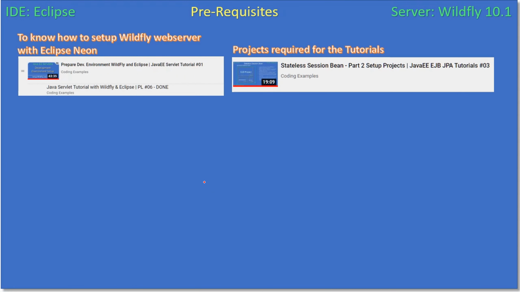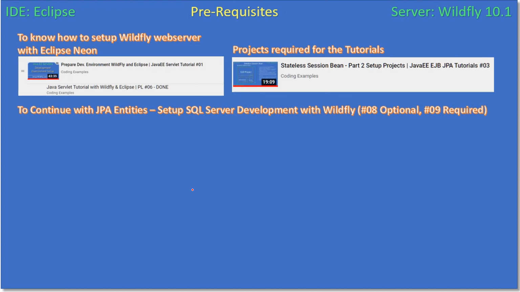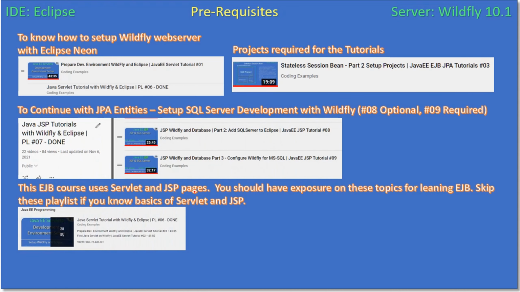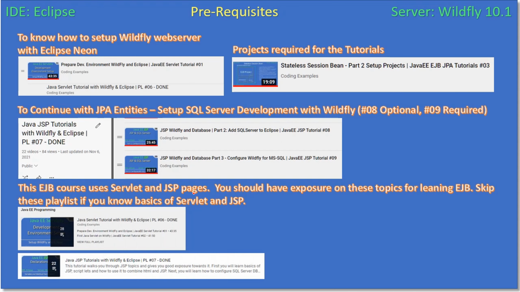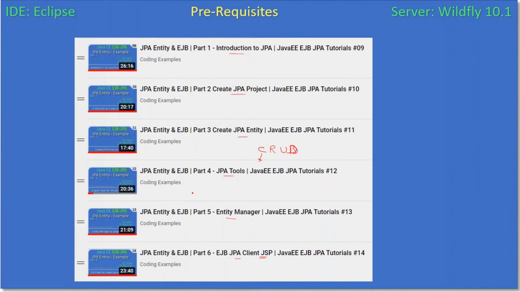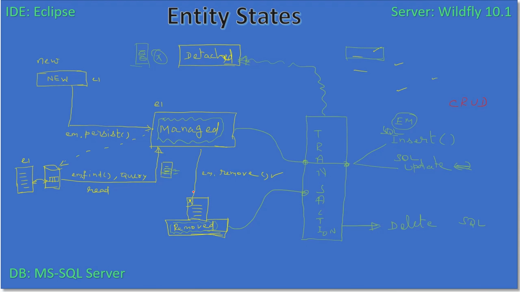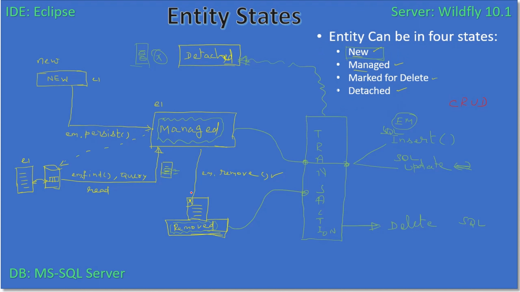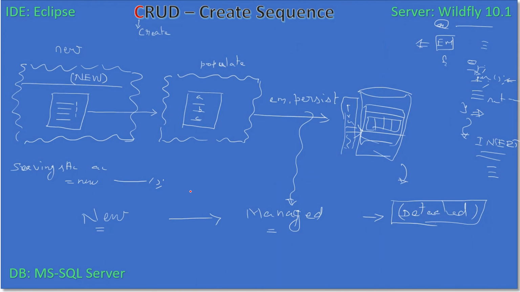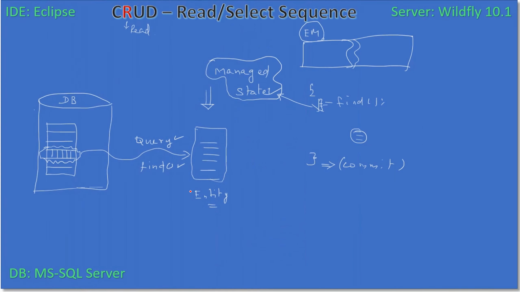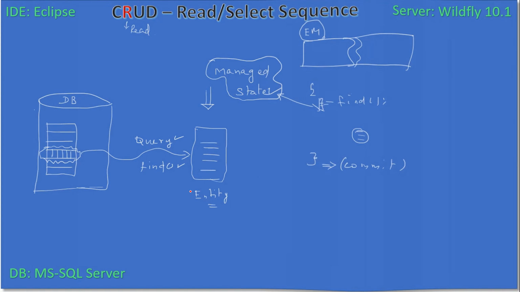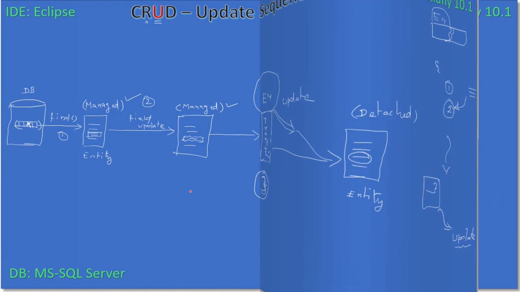So let's quickly walk through the previous parts. These are all the prerequisites. First we learned about the entity states. Next we learned about the create sequence, read sequence, update and delete.